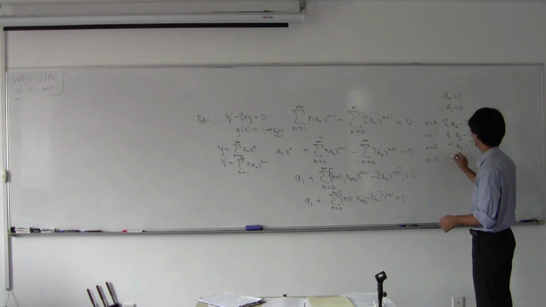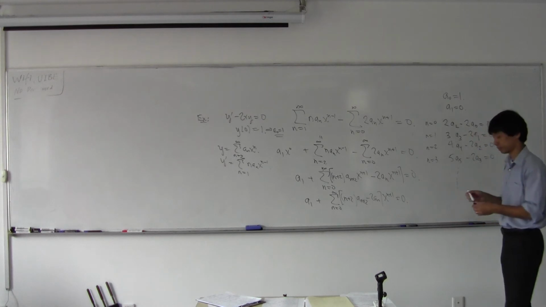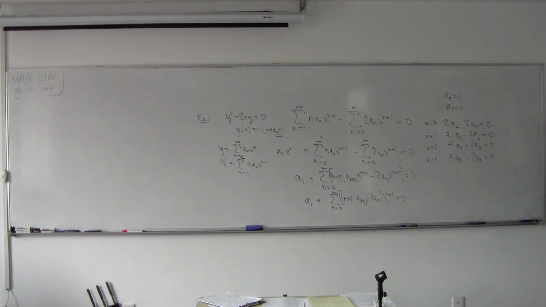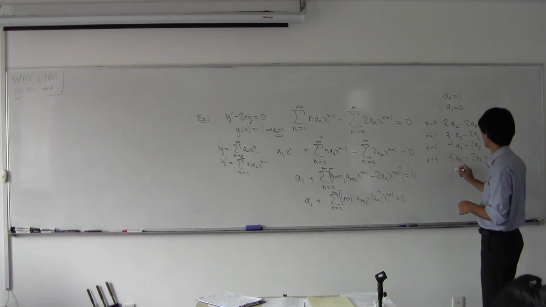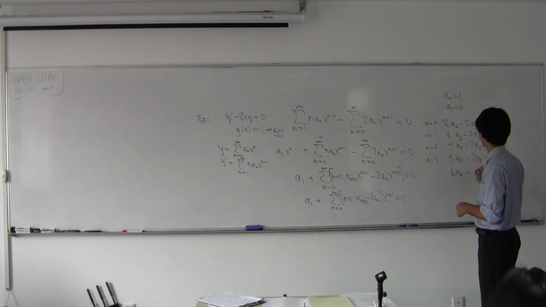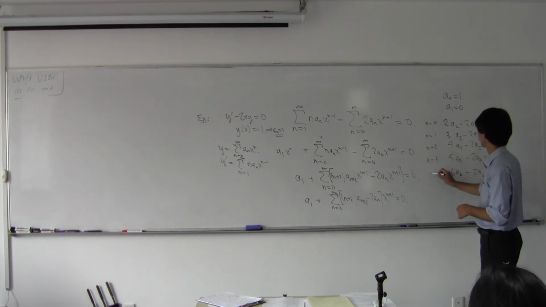We get 5 a sub 5 minus 2 a sub 3 equals 0, and so on and so forth. 6 a sub 6 minus 2 a sub 4 equals 0.